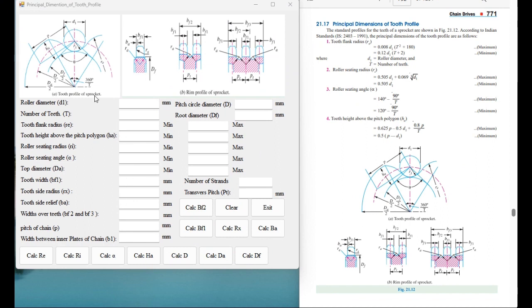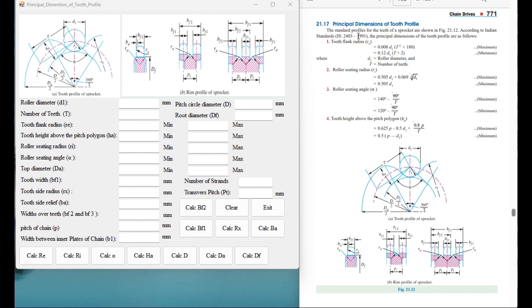And here there is the third section of my chain drive calculator, and in this section we can calculate the principal dimensions of the chain and principal dimensions of tooth profiles. Here there are the designations of these sprockets and the chain drive.